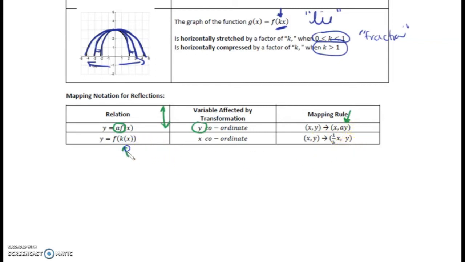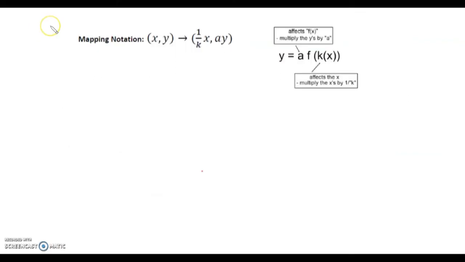And remember, k is backwards, k lies. If we have the k value inside of the bracket with the x, that's going to affect the x coordinate. But we're not going to multiply the x's by k. We're actually going to multiply the x's by 1 over k.